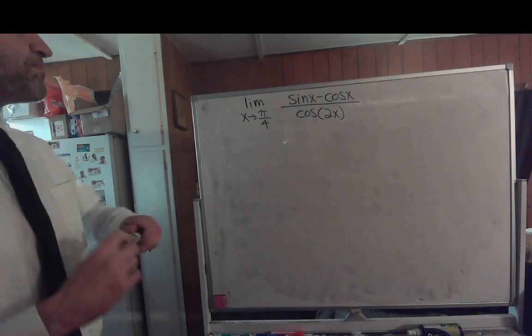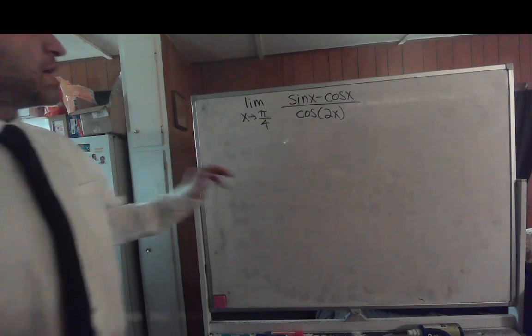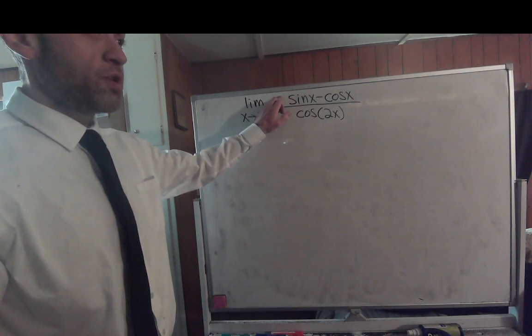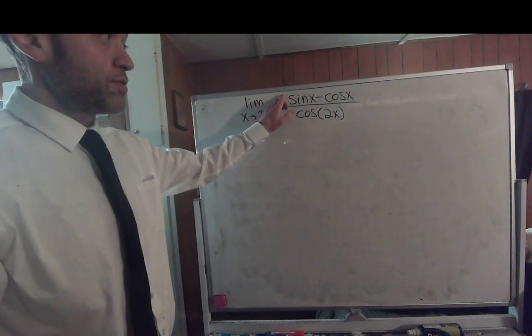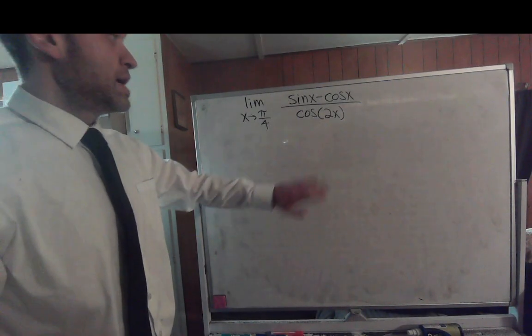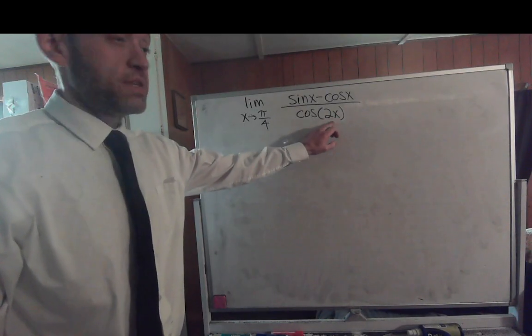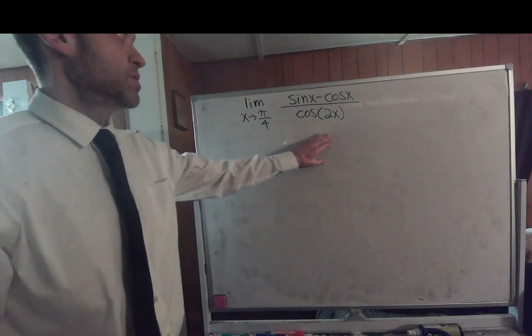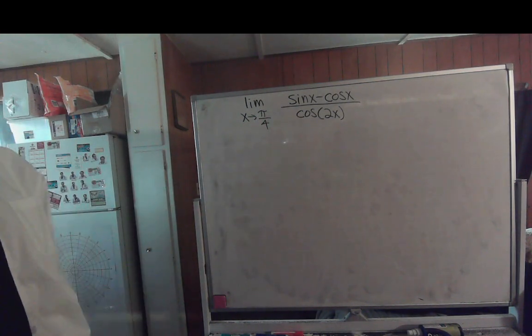Alright, well, if you put that pi over 4 as direct substitution into the numerator, you end up getting 0. And then if you put it in for x in the denominator, that turns into the cosine of pi over 2, which is also 0. So you actually get 0 over 0. This is undefined.